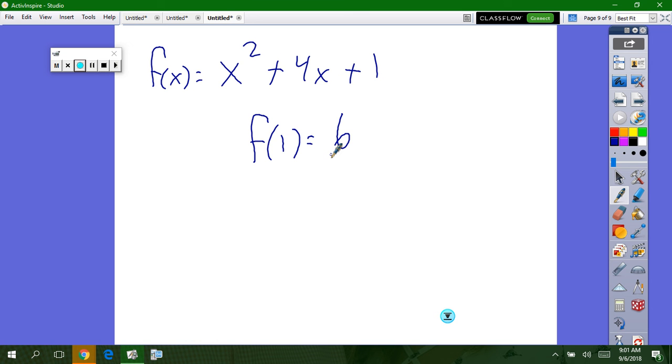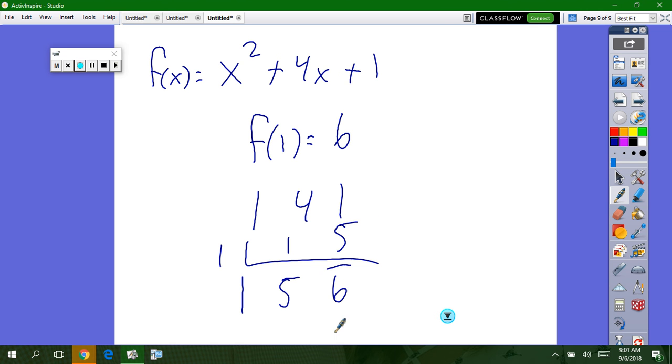This is what the remainder theorem is. It's just doing long division or synthetic division. 1, 4, 1. I wanted to find f of 1. Ready? Begin. 1 times 1. That's the remainder theorem.